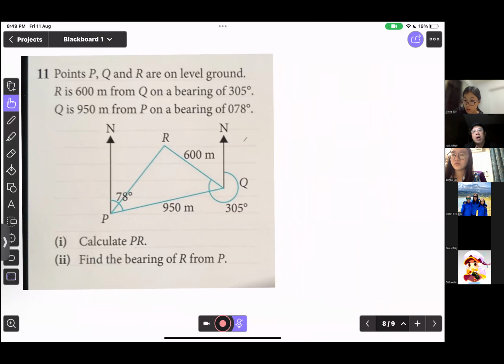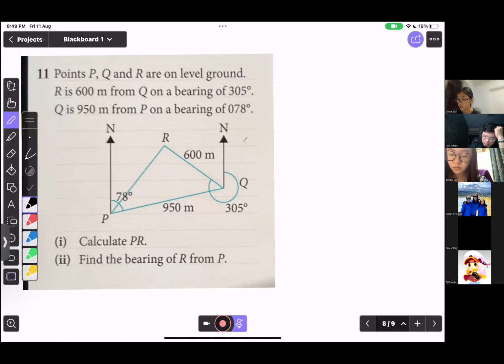Okay, so part 1, let me think. 600 meter from Q, 900 meter, 078. Then I want to calculate PR, so I should be looking at this triangle. I know that this is 78, so this part would be 108, correct?